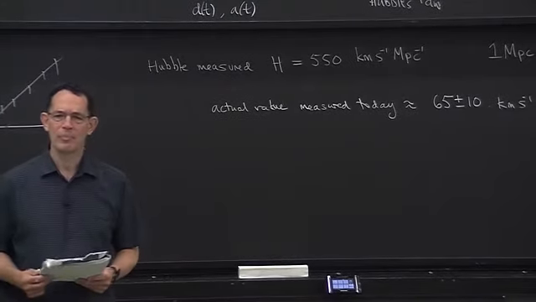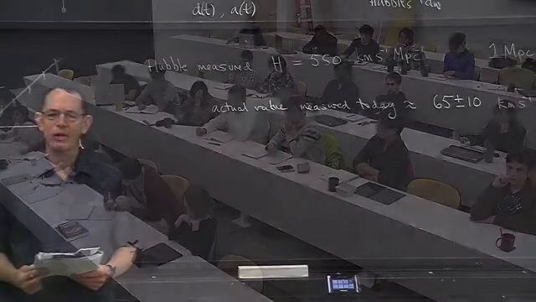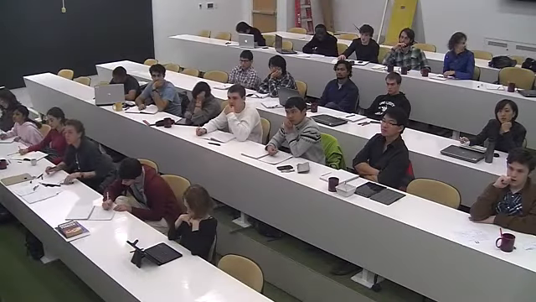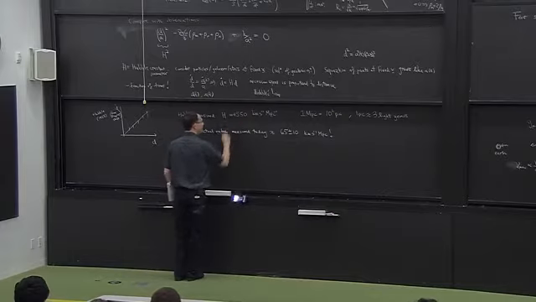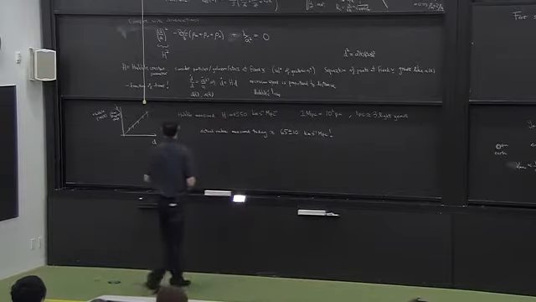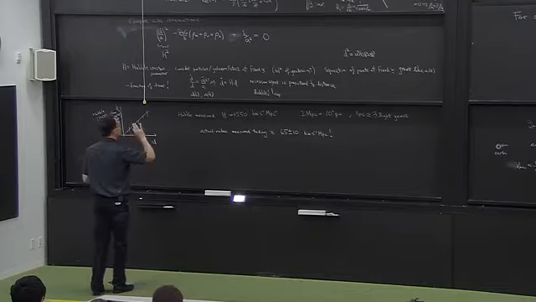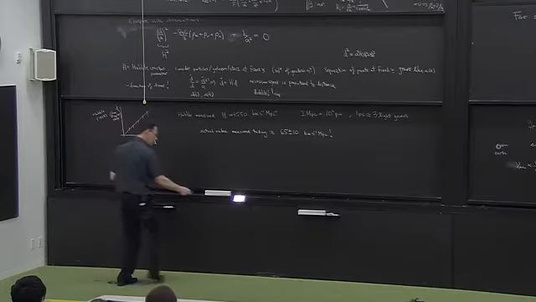Quick question. If we write h squared as a dot over a squared because we want it to be positive, or does it have the same sign as a dot over a? No, that's a really good question. H observational is plus. And we define, sorry, I didn't really define H, did I?